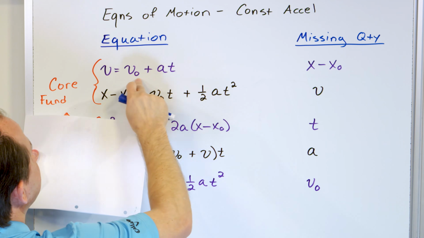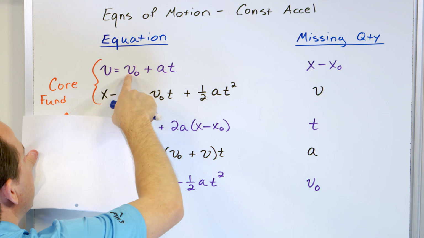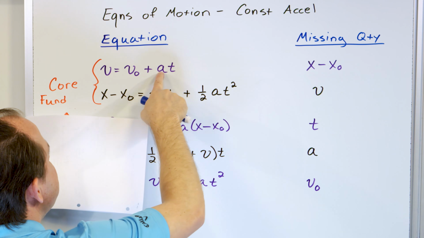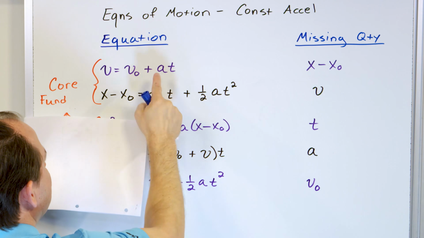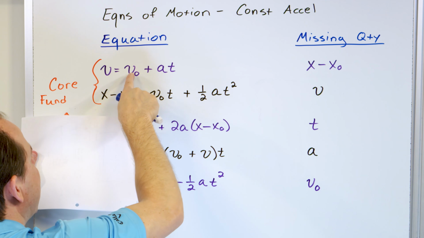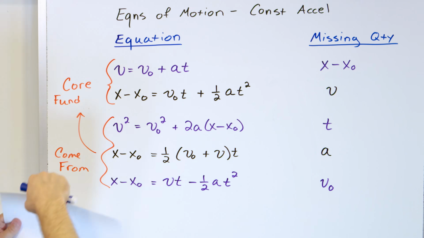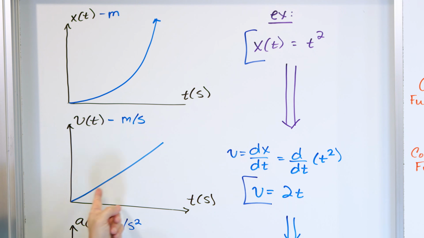The velocity is some kind of line, because v naught is a number. It's the initial velocity. So v is equal to mx plus b. I just flipped it around, right? This is the slope, this is time, and this is the y-intercept, the initial velocity. And so in our example, we said that it was 2 times time with a y-intercept of 0.